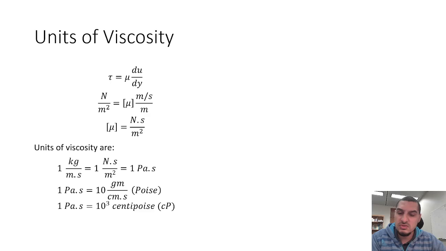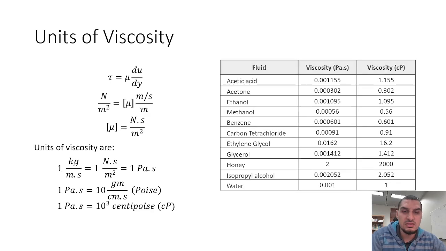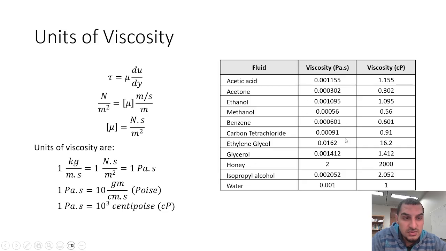It might be the most commonly used viscosity unit because of what you see in this table. The values of viscosity in SI units are usually very, very small. I mean, it's 10 power minus 3, sometimes 10 power minus 4, sometimes even 10 power minus 5. So the Pascal second is a large unit for viscosity. So we like to use centipoise because it's a small unit, which makes the numbers easy to deal with.